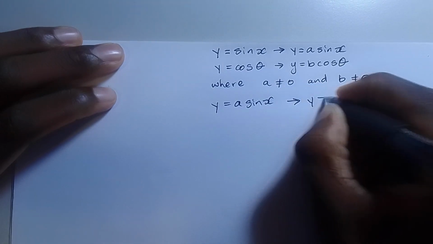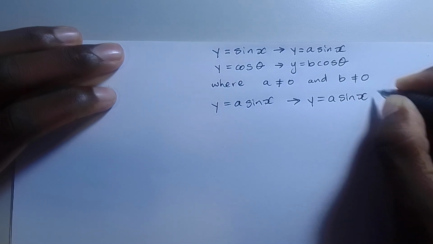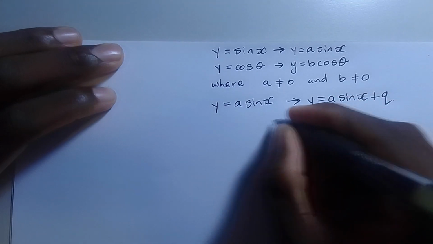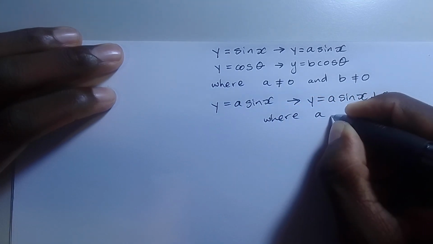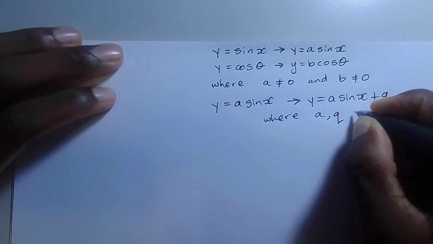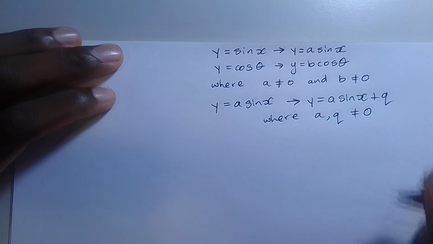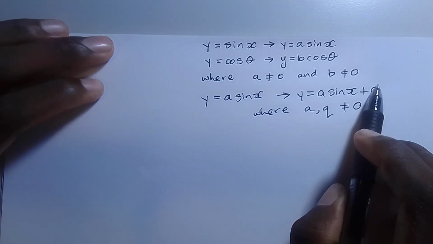I have y is equal to maybe a sine x plus some value q, where a and q are both not equal to 0. I'll be showing you how to add something, what the q does.